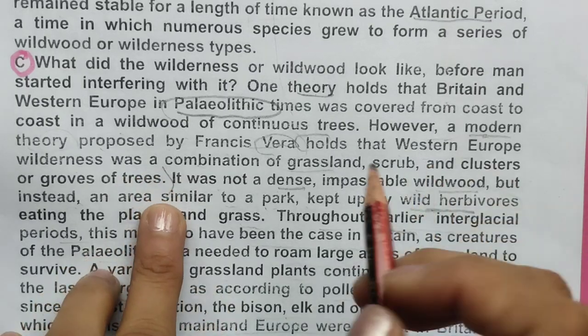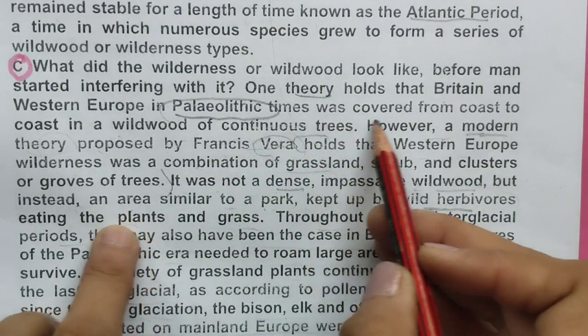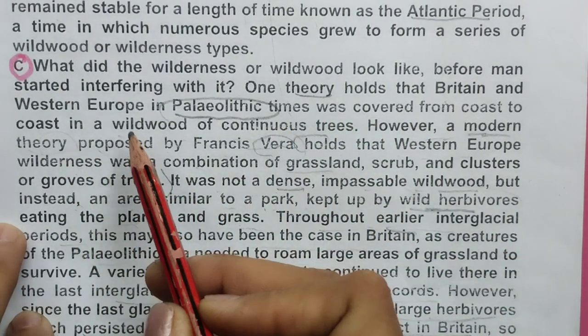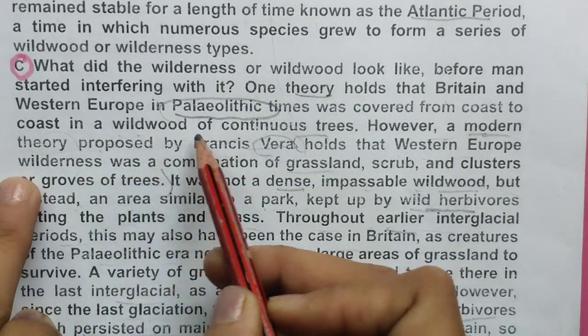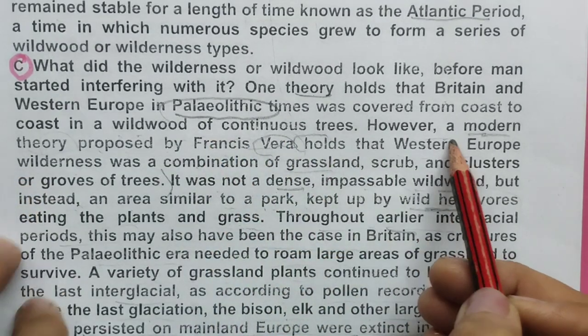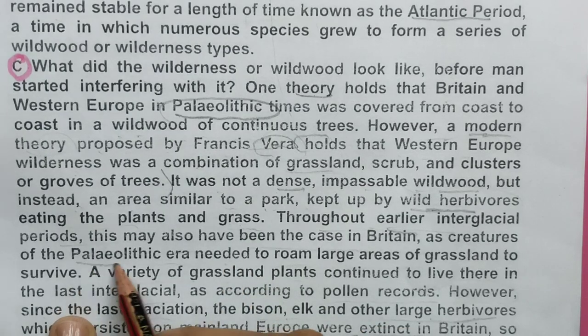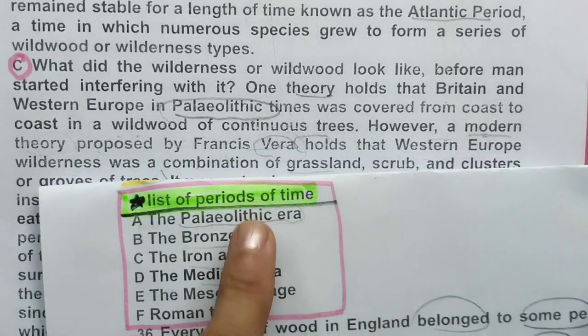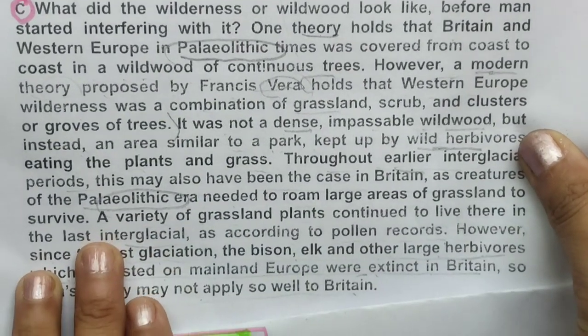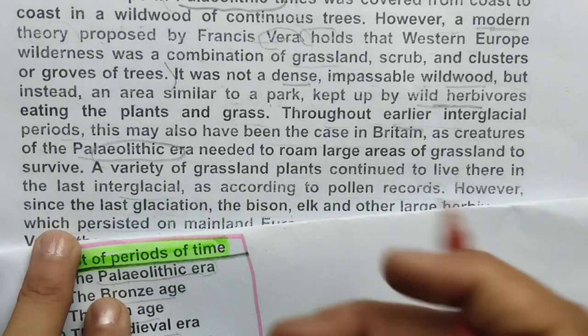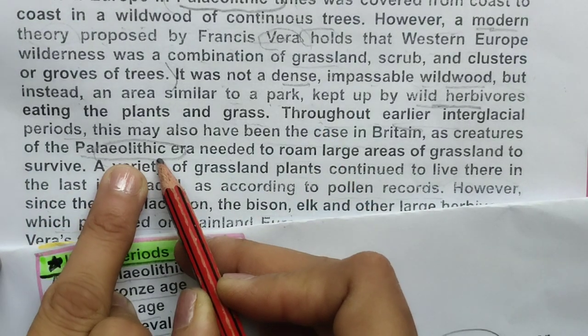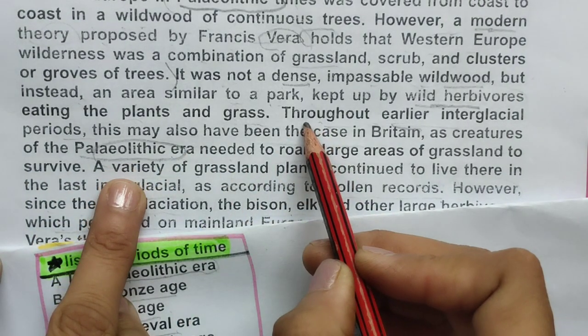Now, times was covered from coast to coast in a wildwood of continuous trees. A modern theory, no. Let's look at the proper word. Yes, this is the era. We are looking for this word. Now we have to find throughout, because the word is in the middle of the sentence, so we have to read from here.